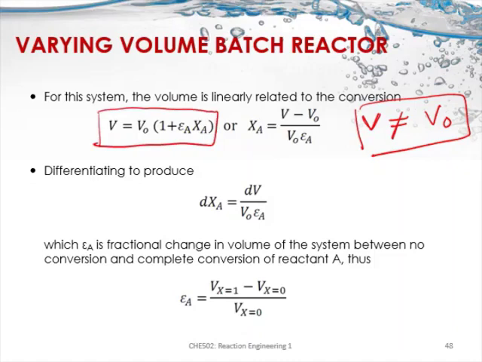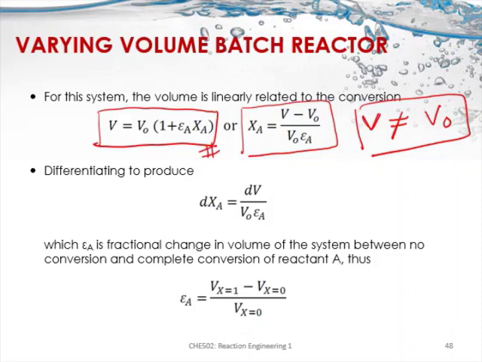Volume at the respective reaction time is equal to initial volume multiplied by 1 plus epsilon A multiplied by the conversion A. Or you may rearrange the formula, then you have conversion in terms of volume initial and final. So this equation is compulsory to remember.